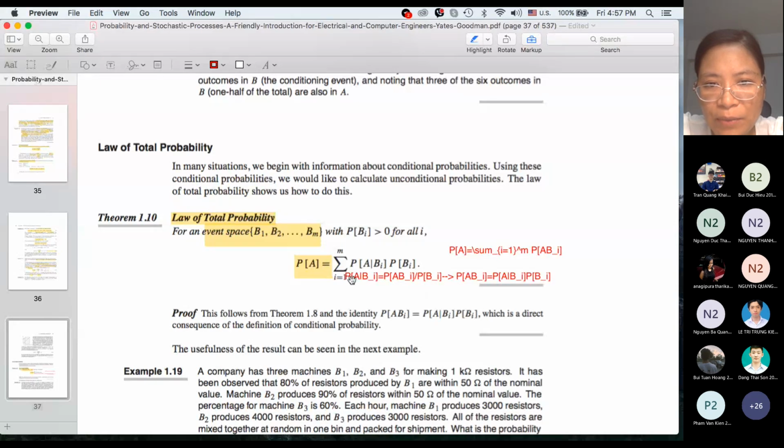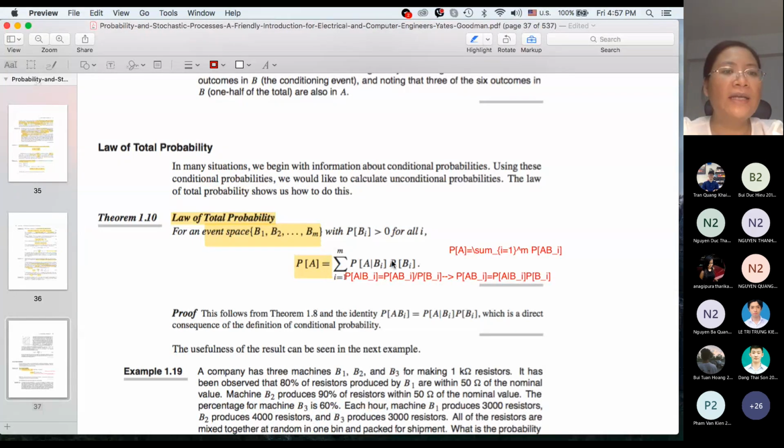So we multiply probability of A given Bi by probability of Bi to equal probability of A and Bi. From this, probability of A is the sum of probability of A and Bi. It means that it is the sum of probability of A given Bi times probability of Bi.